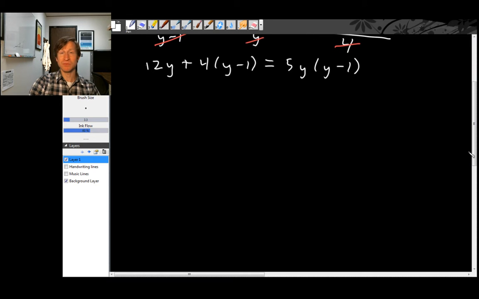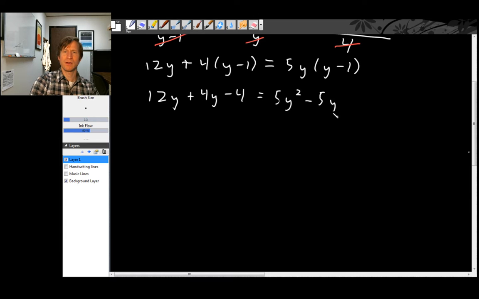It looks like if we just multiply everything out, we will have a quadratic equation, and that we can solve by factoring, hopefully. So we get 12y plus 4y minus 4 equals 5y squared minus 5y.